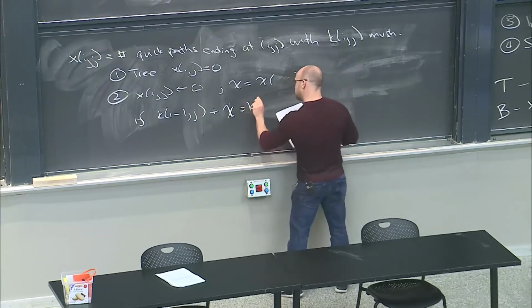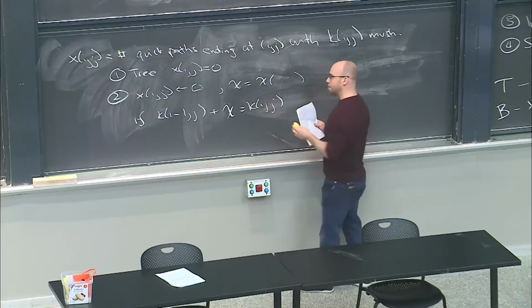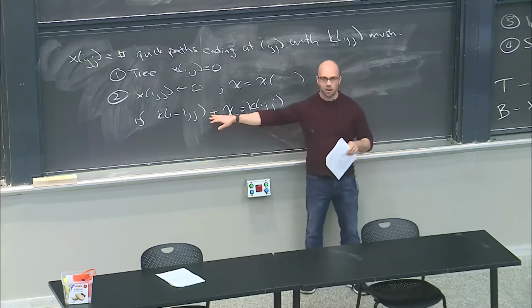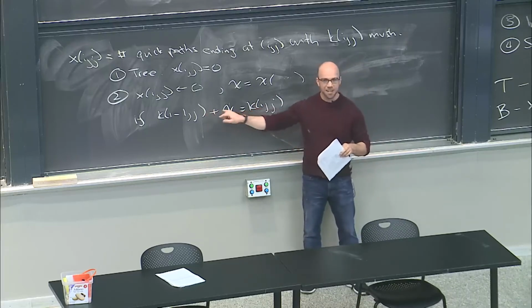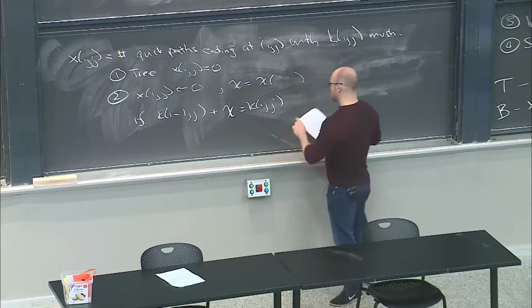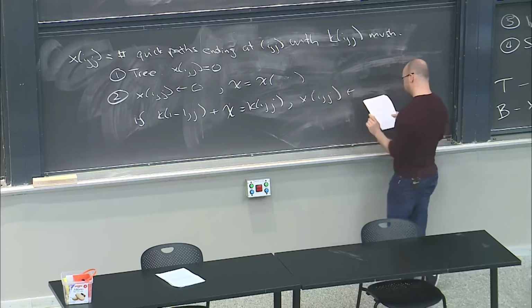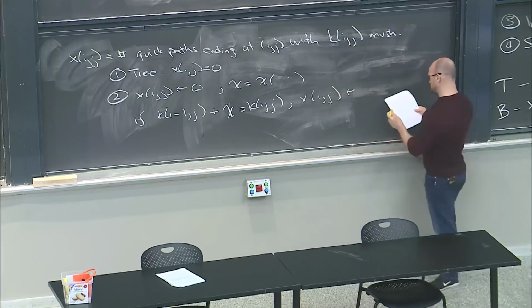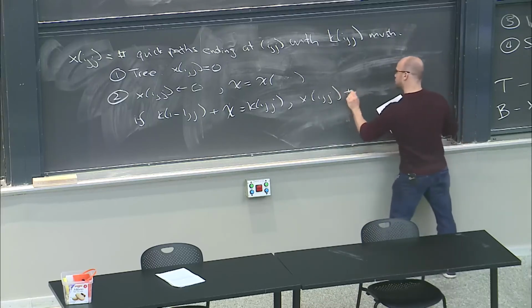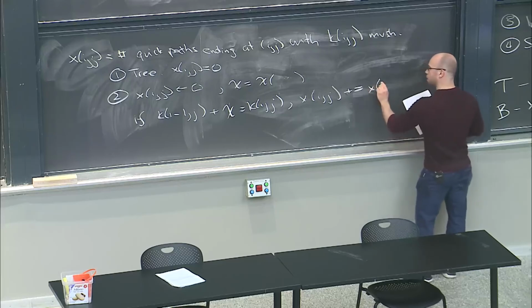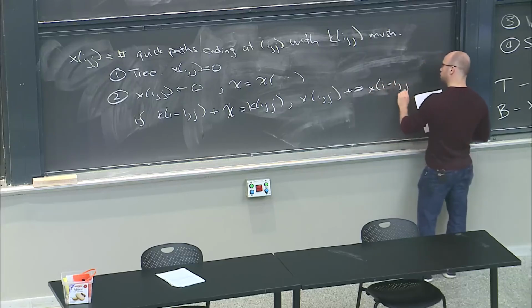If that is equal to Kij, well, what does that mean? That means that paths that went to the left were able to collect the number of mushrooms I need to get to the position I am now. So now I can add, what? Well, all of the different ways. Maybe I'll do a plus equals x of i minus 1, j, right?